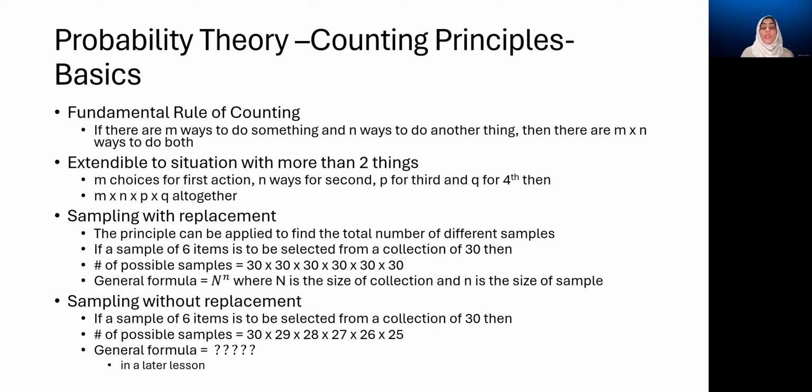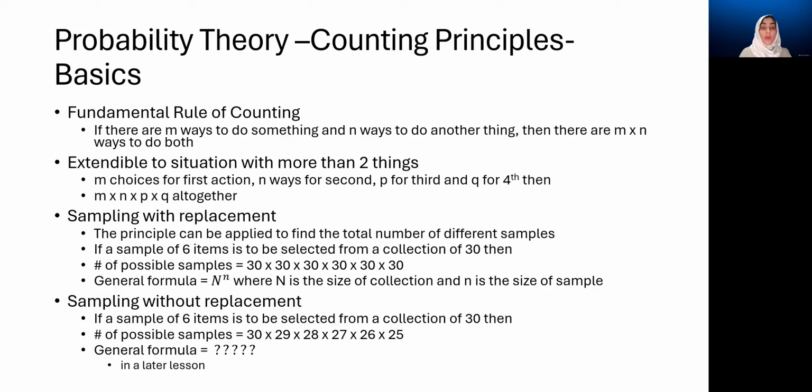And since we have to make 6 selections, every time we have those 30 options available to us. So this gives us 30 raised to the power 6 different samples that we can draw from this collection with replacement. The general formula for this is N raised to the power n, where capital N is the size of the collection and small n is the size of the sample that you want to have.